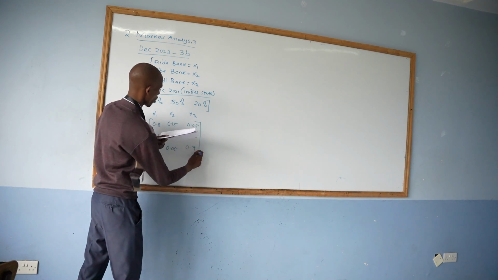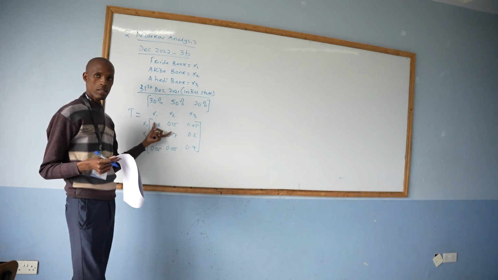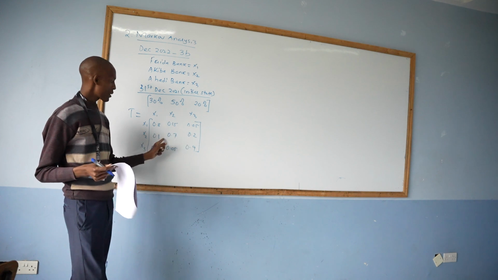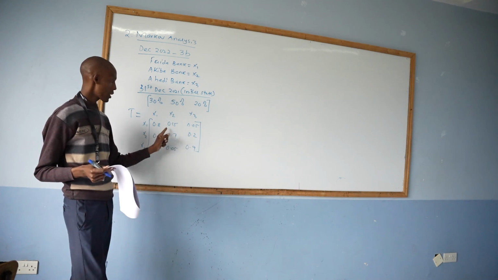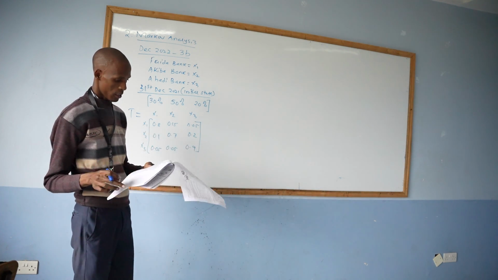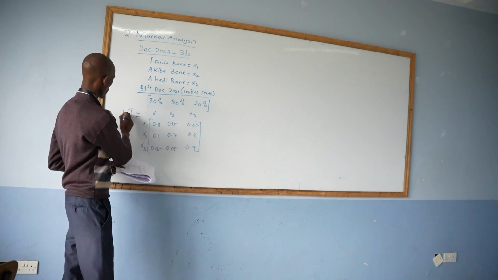So this is what we call the transition matrix. It is a square matrix, and this is a 3 by 3. Row elements should add up to 1, as you can see, and all elements are non-negative. You can revisit what we did in class. So the first question is to determine the transition matrix, and we have it there.